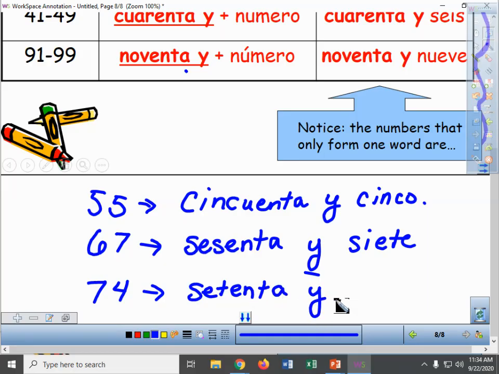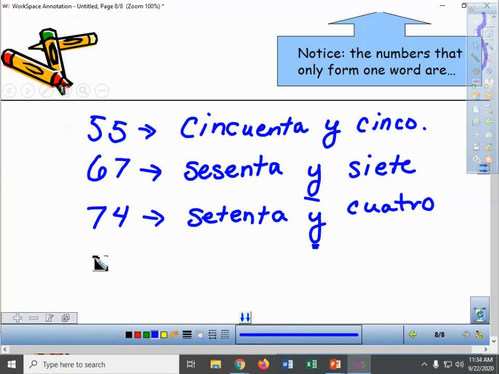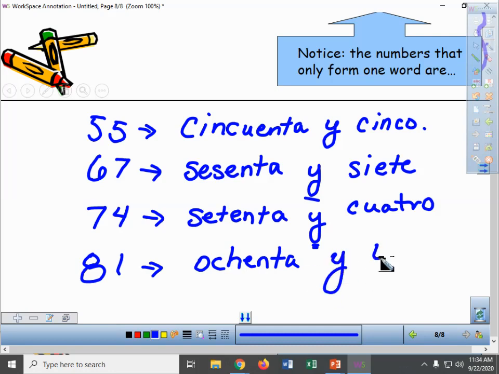Y. Remember that y. 4 in Spanish is cuatro. And now one more. 80. 81. So 80 in Spanish is ochenta. And remember your y. And 1 in Spanish is uno.